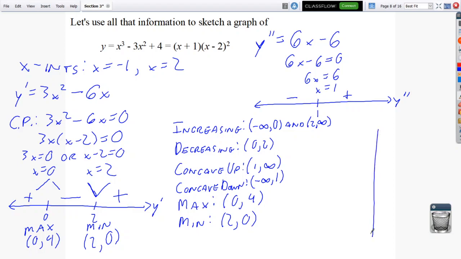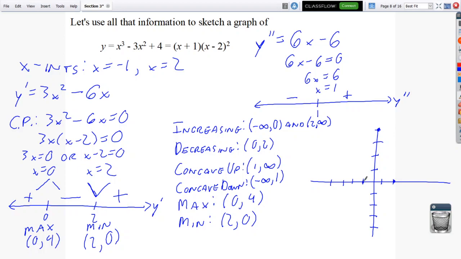But if I look over here and try to draw my graph now, I happen to know that I've got two zeros at -1, 0 and at 2, 0. Even further, I have a maximum value at 0, 4, and a minimum value at 2, 0.